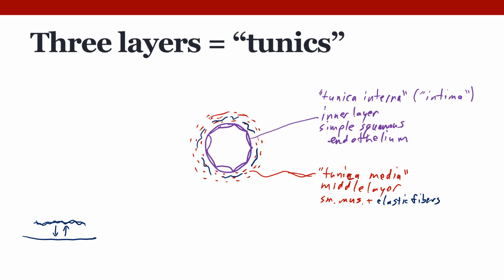Well, you've probably noticed that when you get your blood pressure taken, there's a low number and a high number. The high number is called systolic and the low number is called diastolic, and we'll learn why those are called those things in the next lecture when we talk about the cardiac cycle. But suffice it to say for now, when that higher blood pressure is being output by the heart, that's going to stretch your blood vessel.